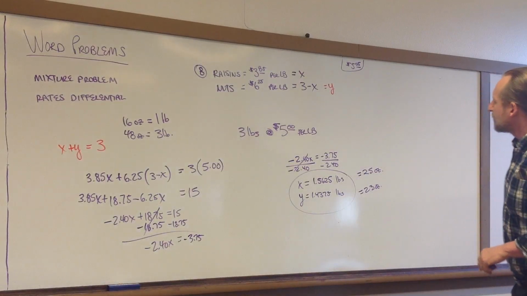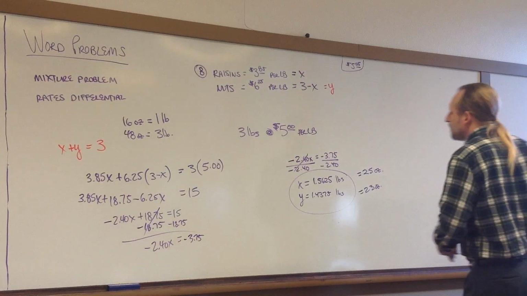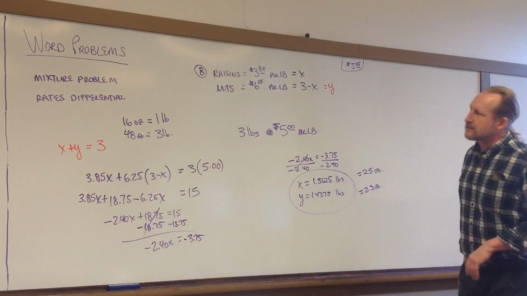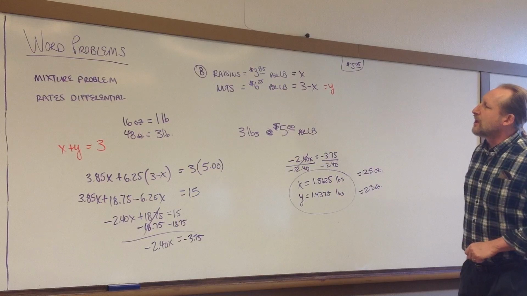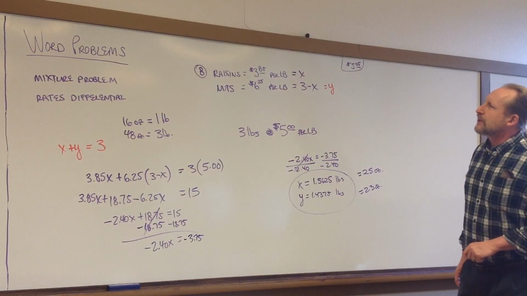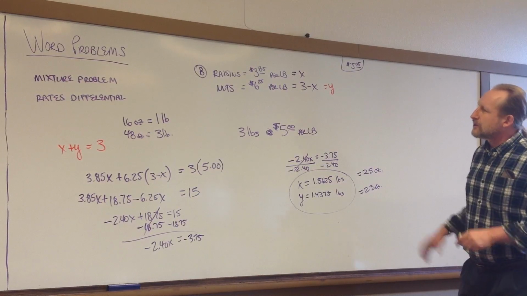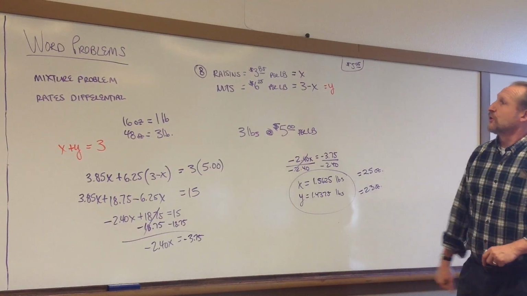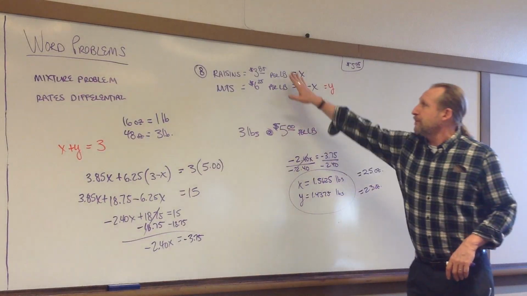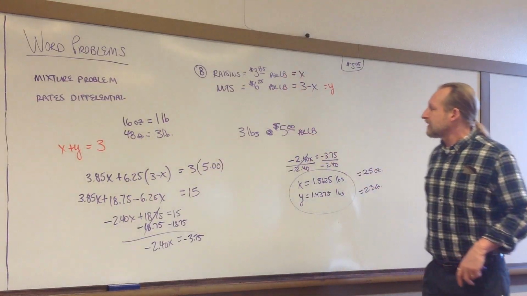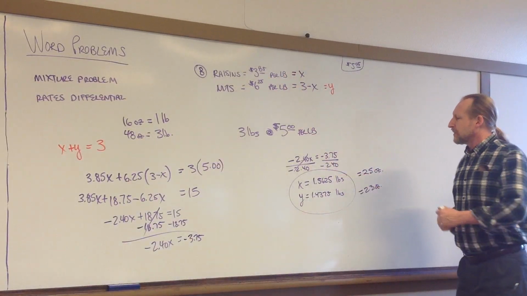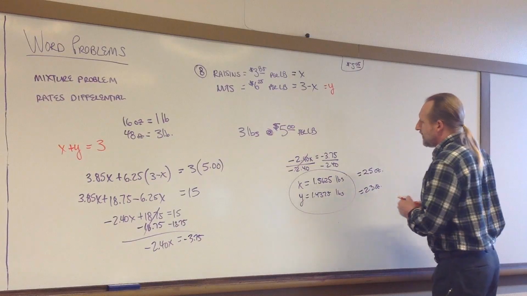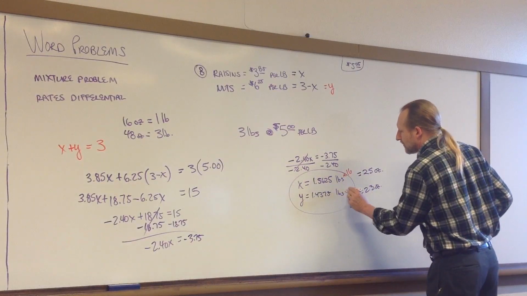I wouldn't worry about it too much, but I always hesitate to change a problem too much without really adjusting the pieces to make it fit. So I think that this is a good way to do this, to solve it with pounds, because that's what we were given the prices for. And then at the very end, just multiply by 16, and that'll turn these into ounces.